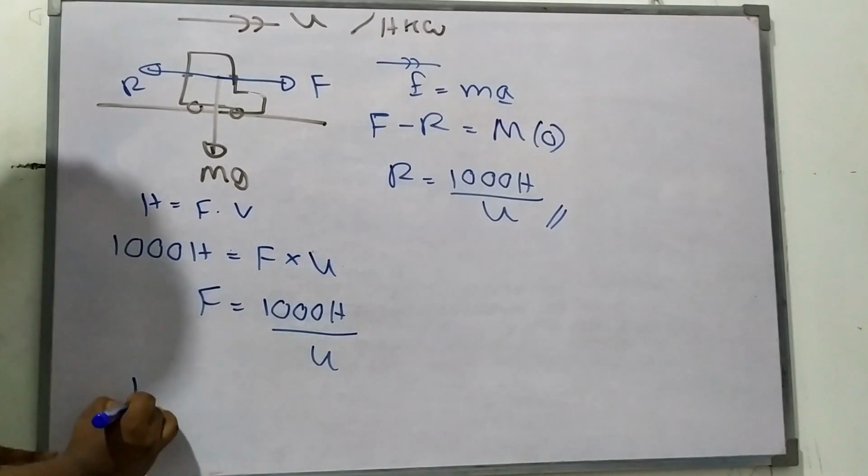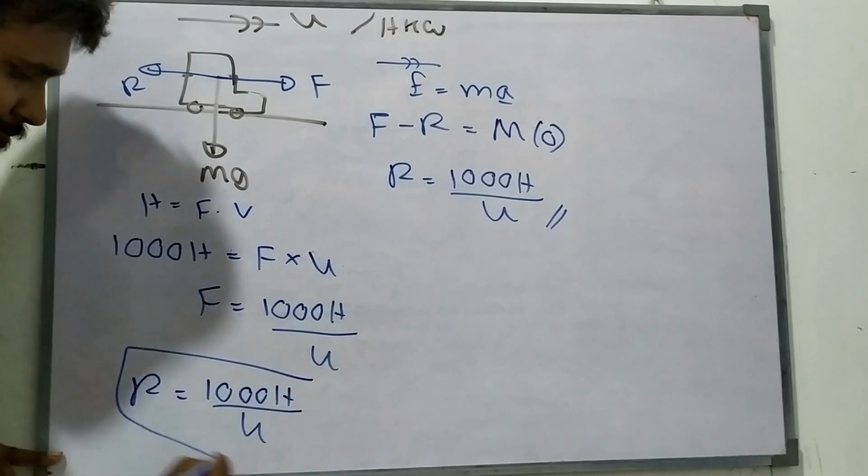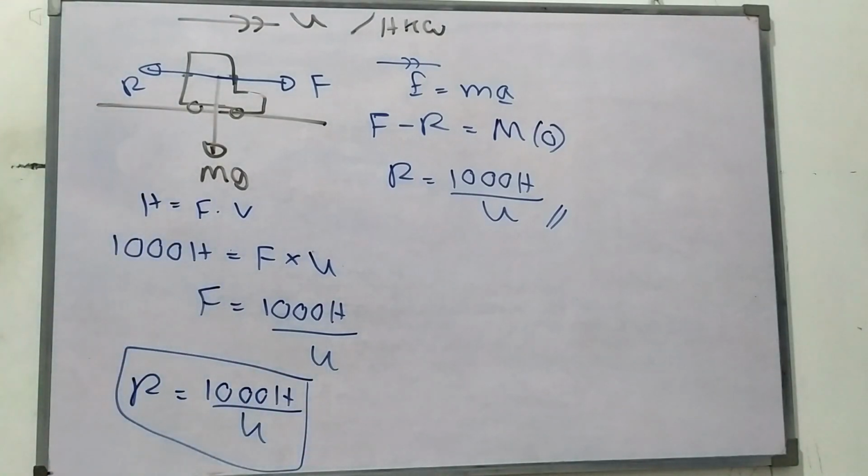The next lorry with the engine working, right? So here, the next lorry with the engine working at the power 2h kilowatt moves up along a straight road inclined to the horizontal at the angle alpha, and the resistance to the motion is the same as the previous. Show that the maximum speed of the lorry in this case is this one. So maximum speed means we have to avoid the acceleration again.